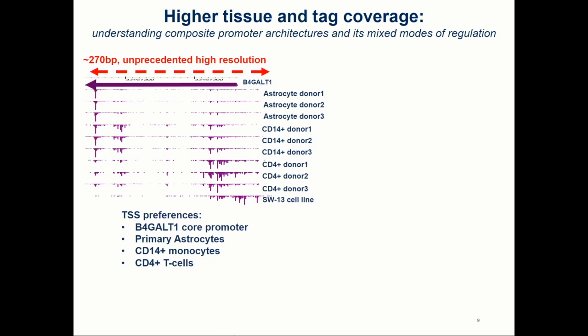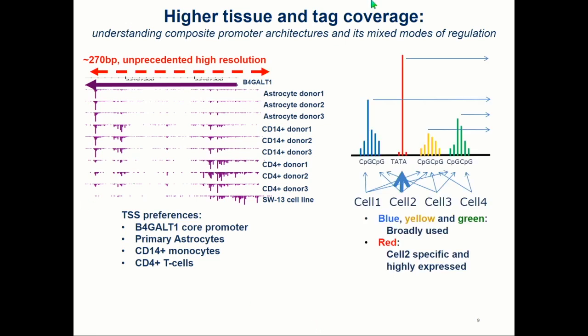So each promoter very often has sub-components or sub-promoters that are active in different cells and are controlled in different ways by different epigenome situations or transcription factors. So as a model, you can see that there are different modules within the same promoter.